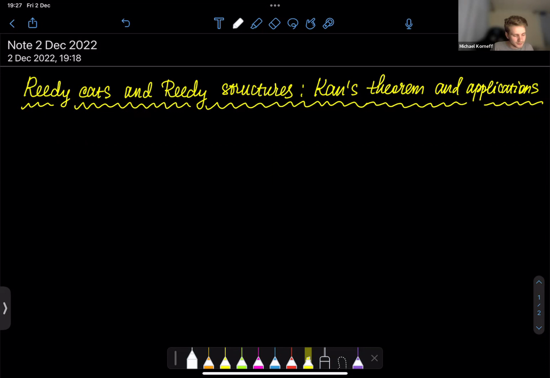The previous talk was about Reedy categories and Reedy model structures, but today I want to complete this talk and give some examples.